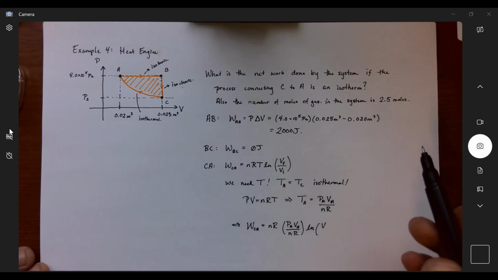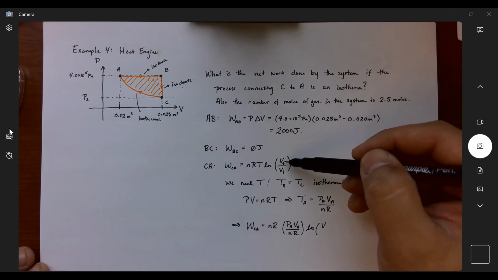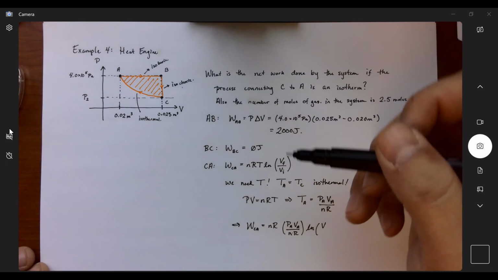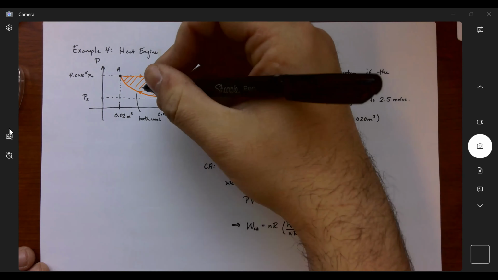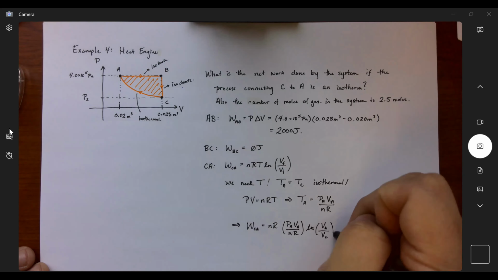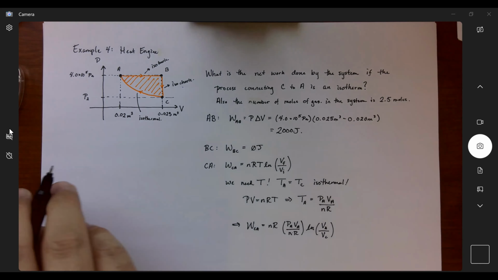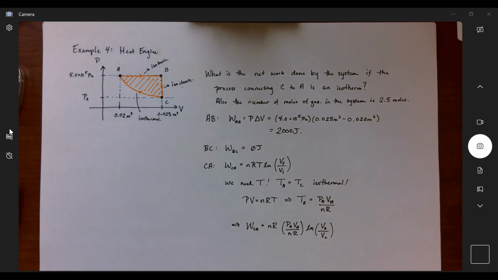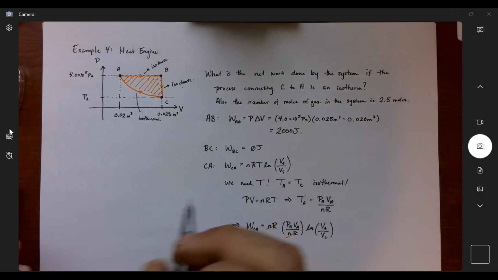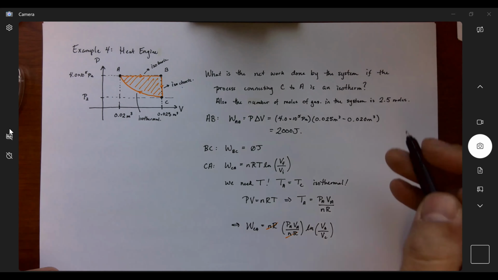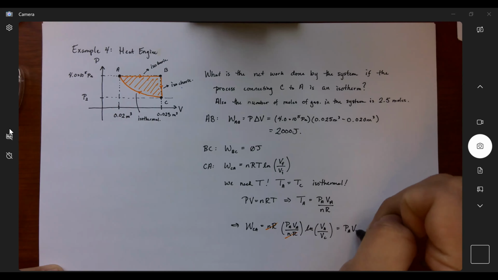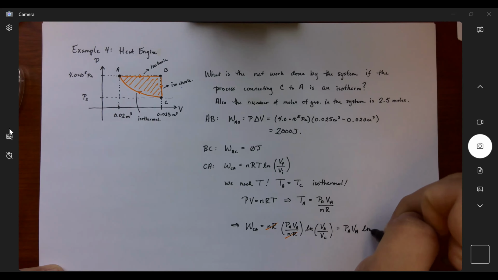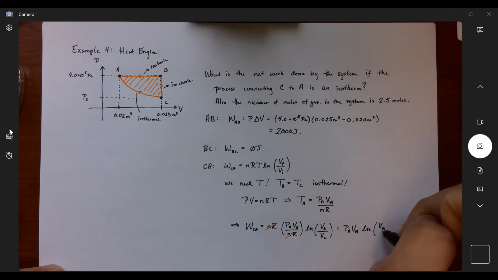And here, our volume final is going to be the volume at A, so we can call it volume A, and then the volume initial is going to be the volume at C, so we can call that volume C. All right, and so we can make a reduction in this equation by canceling those and seeing that we get, for this particular instance, PA VA times ln of VA divided by VC.